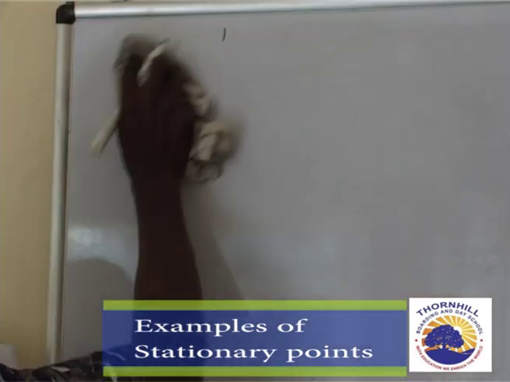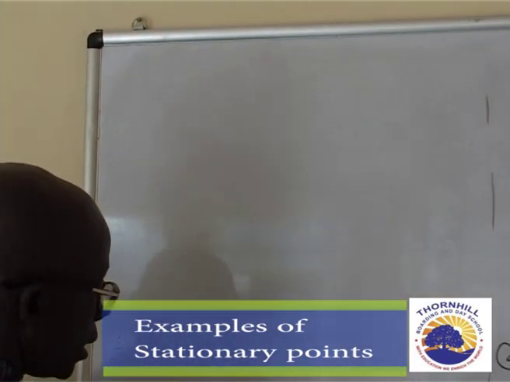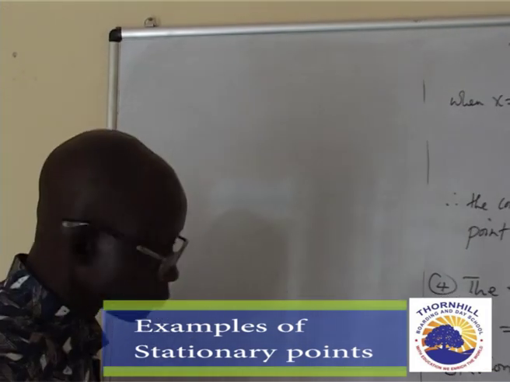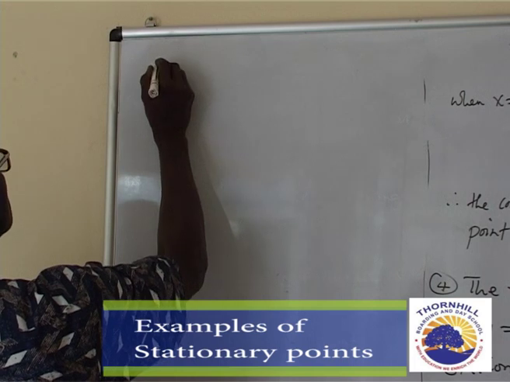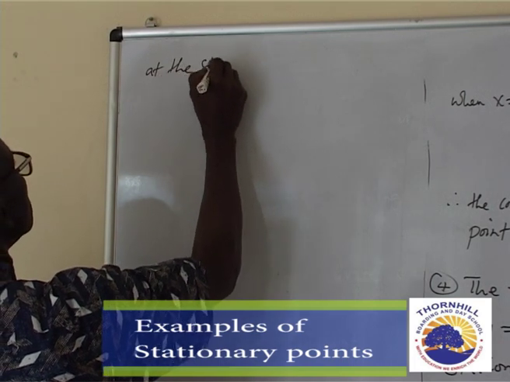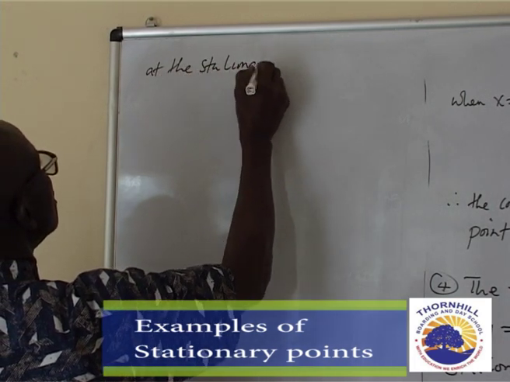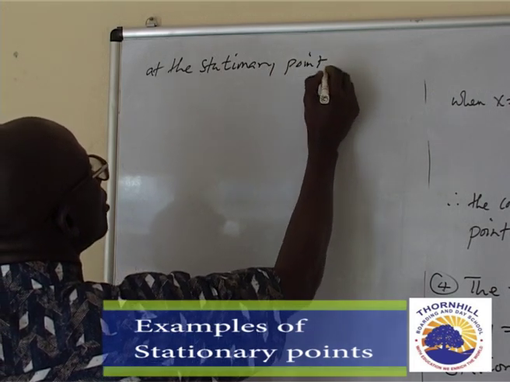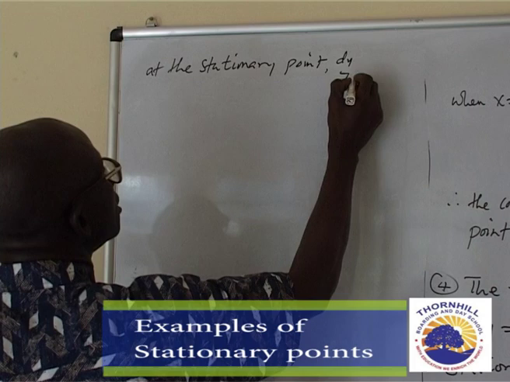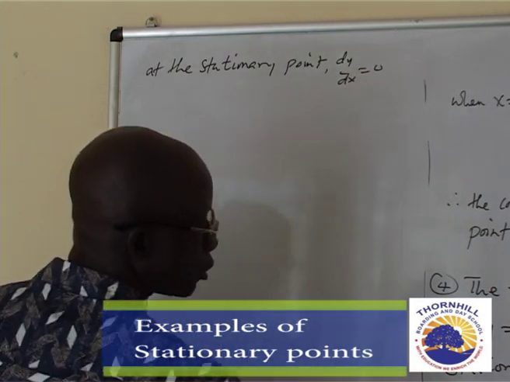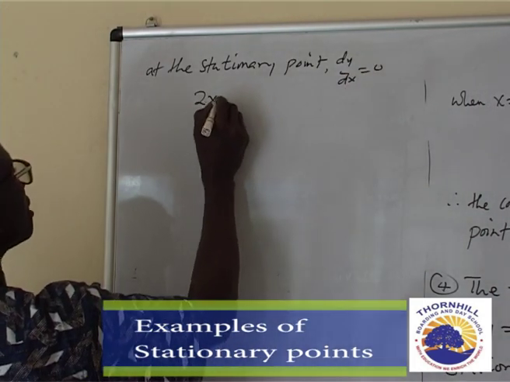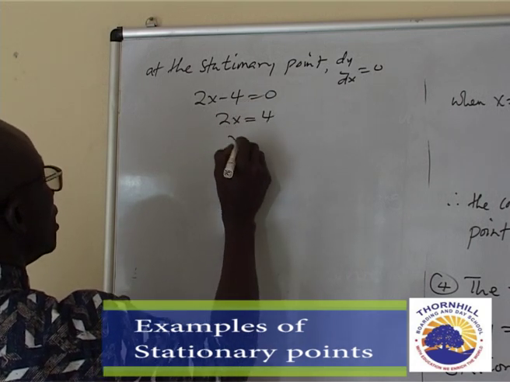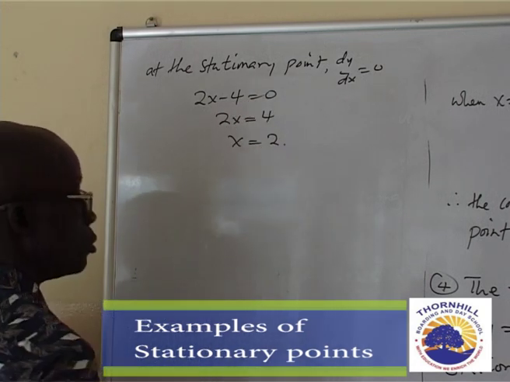So we have 2x minus 4 is equal to 0. 2x is equal to 4. And x is equal to 2.